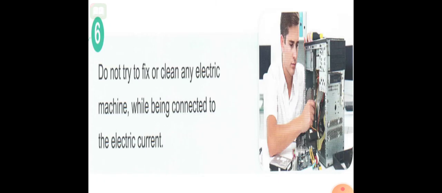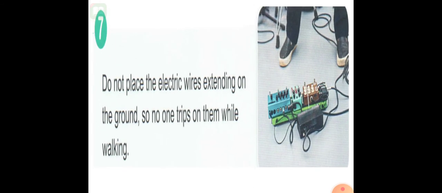Number 6, don't try to fix or clean any electric machine while it is connected to the electric current. You must disconnect the machine first. If you don't do that, you will have an electric shock. Number 7, don't place the electric wires extending on the ground so no one trips on them while walking.